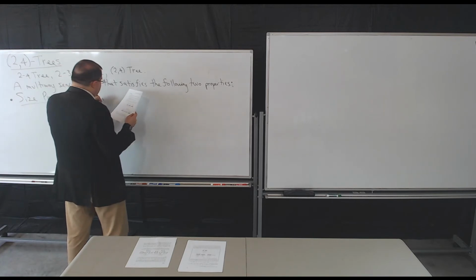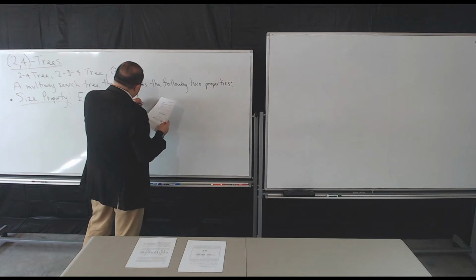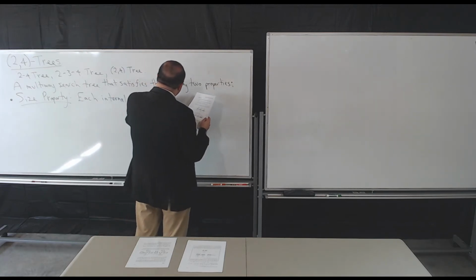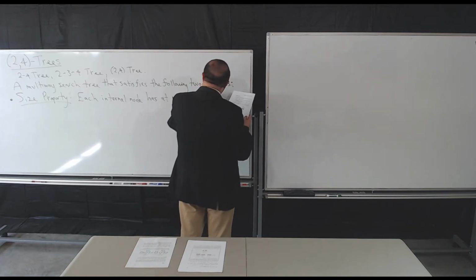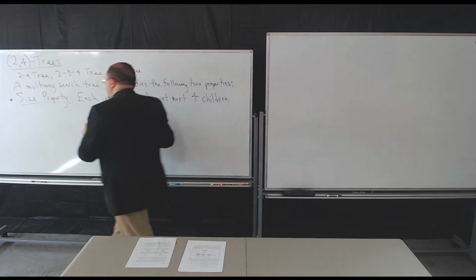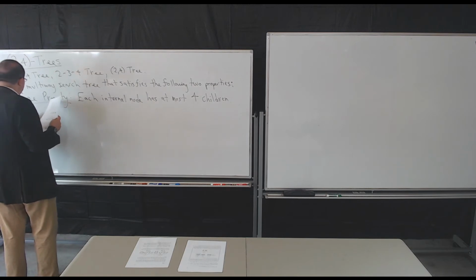So each internal node has at most 4 children. That's the size property. And the other one is called the depth property.